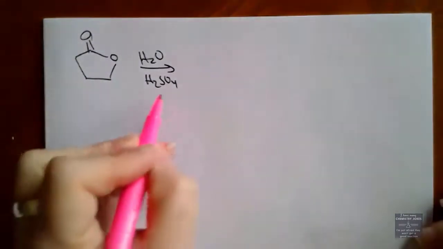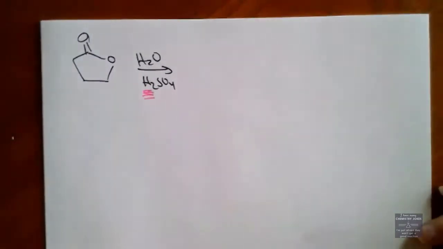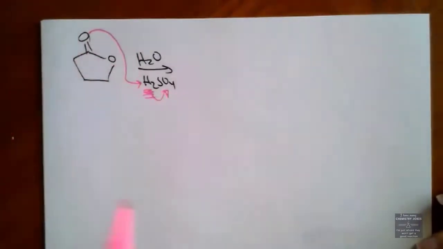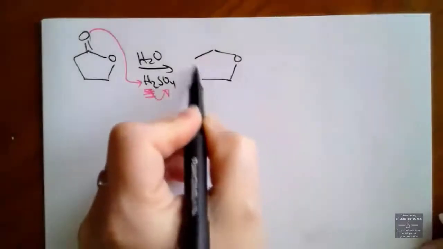We're going to call this acid catalyzed hydrolysis because there's acid in solution. Just like the first mechanism of today, when you have acid in solution, the first step is to protonate the carbonyl oxygen so that the carbonyl carbon becomes more electrophilic.